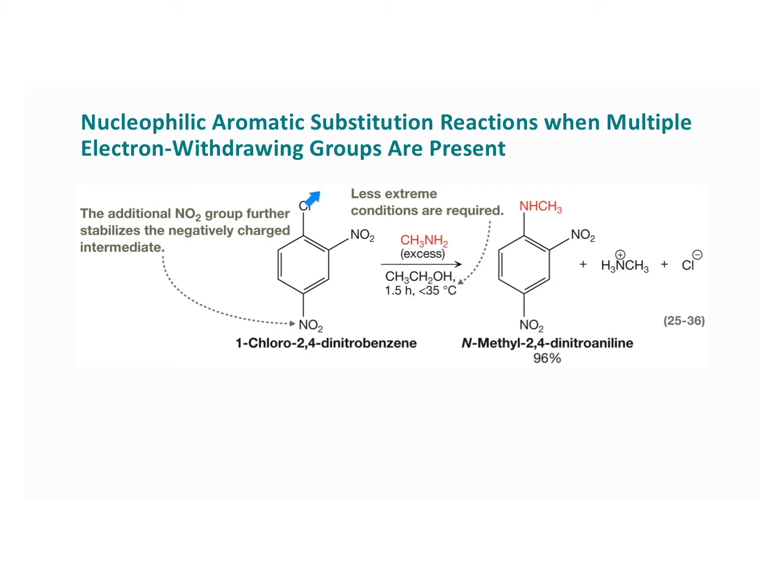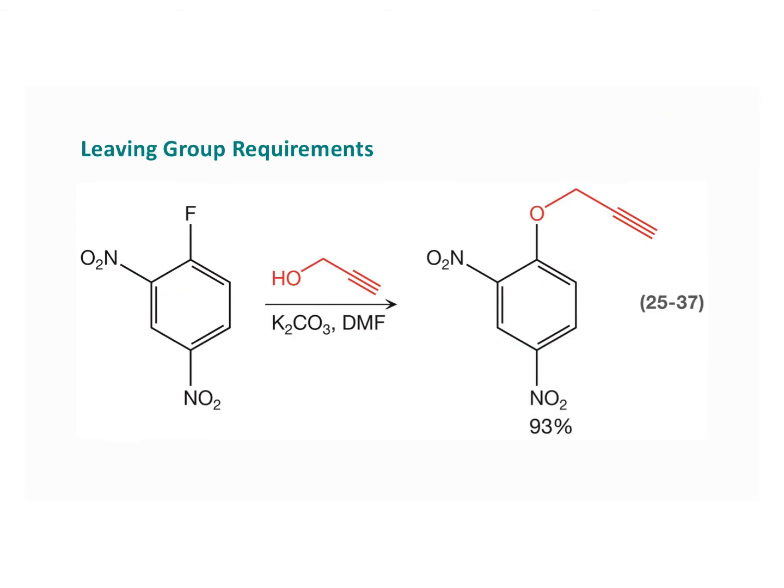The leaving group here is ortho to one NO2 and para to the other NO2. So remember, when we talk about ortho and para, OMP is the way I remember that. Ortho, meta, para, right? And so ortho, meta, para. And so less conditions are required here because we have multiple electron withdrawing groups that help stabilize that intermediate complex.